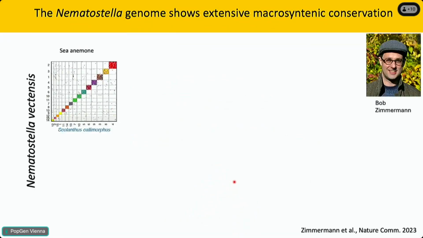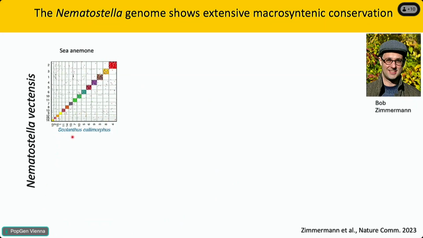But before I go into this, this is a slide that I threw in at the last moment, so let me talk about the genome for a moment. Now that we have a chromosome-scale genome, they have 15 chromosomes. For instance, here, if you have a related species called Scolanthus callimorphus, which is from the same family, but still about 170 million years of separation.